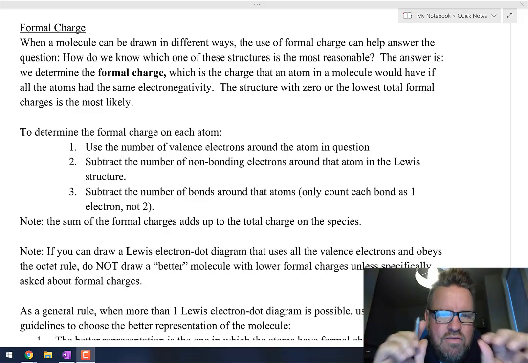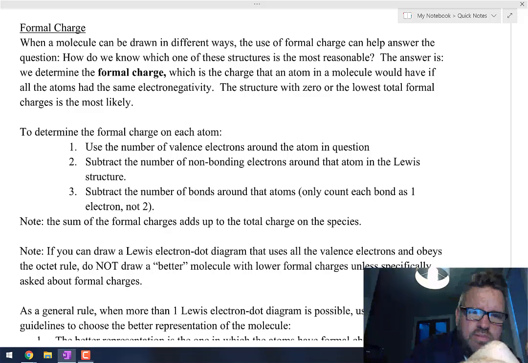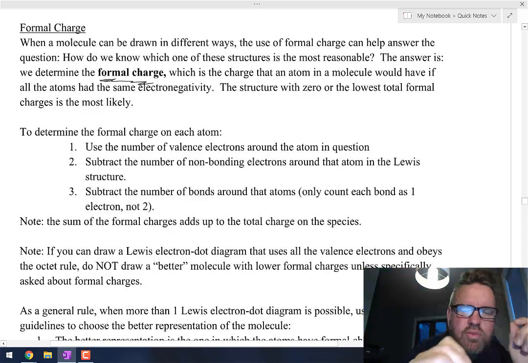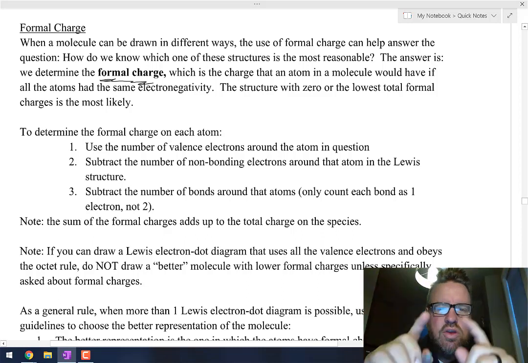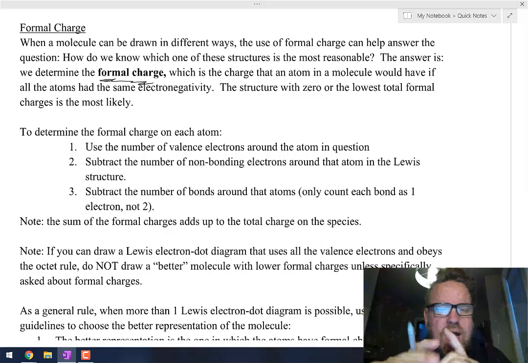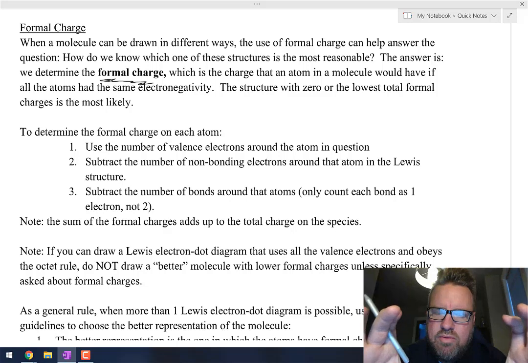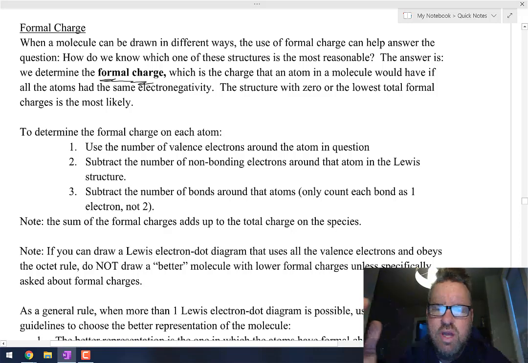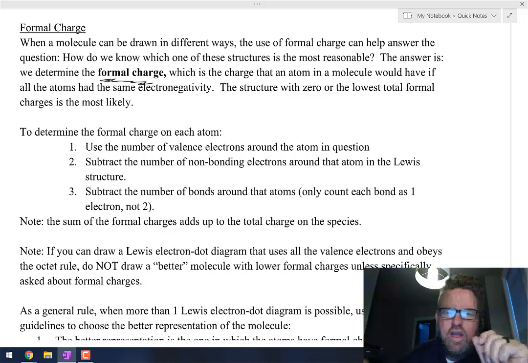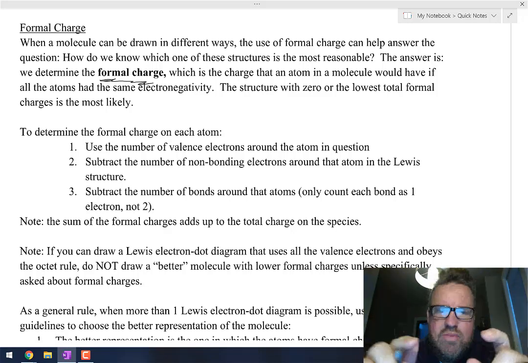If they mention this term that we're discussing here, called formal charge, then you do not consider the octet rule at all. That's a real important part about formal charge. When they say which of these structures is the most reasonable, or what's the best representation of this molecule, and then they say justify your answer in terms of formal charge, that means you forget about the octet rule altogether and you only focus on what's called the formal charge.